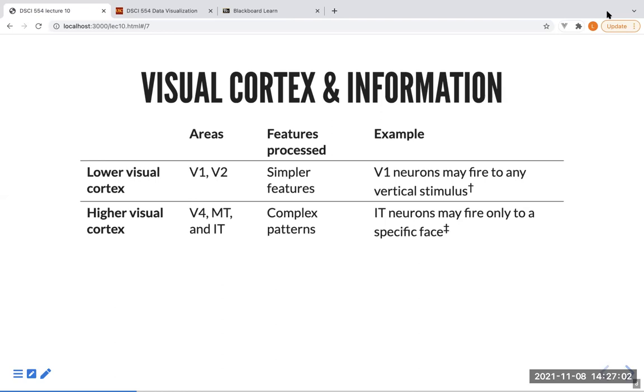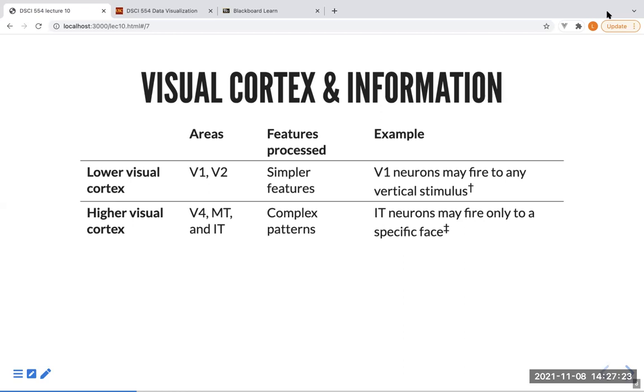Say that this one is interested in just detecting vertical lines, and that's all it's going to do. So if it sees a vertical line, it's going to switch on the light for that. And that's about all that it is going to do.